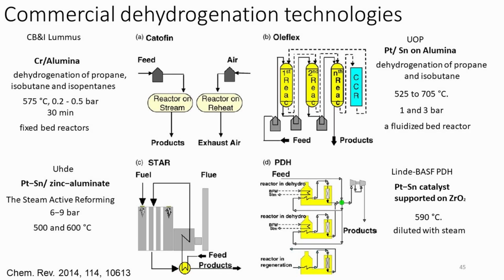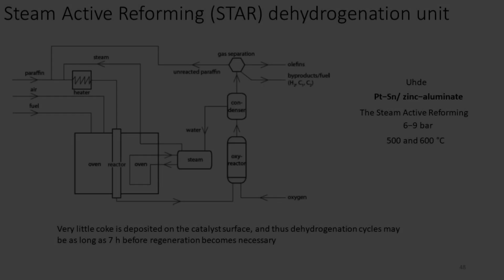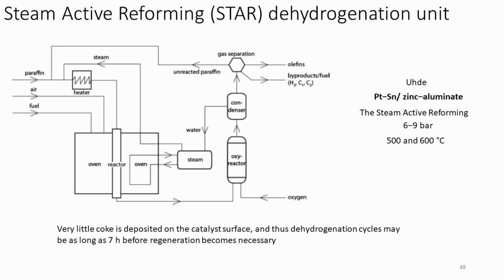Another process is the steam active reforming, or STAR, process. The STAR process utilizes a very different reactor setup. The reaction is run at 6–9 bar and a temperature between 500 and 600 degrees C. Steam is added to the feed to reduce paraffin partial pressure and coke formation.